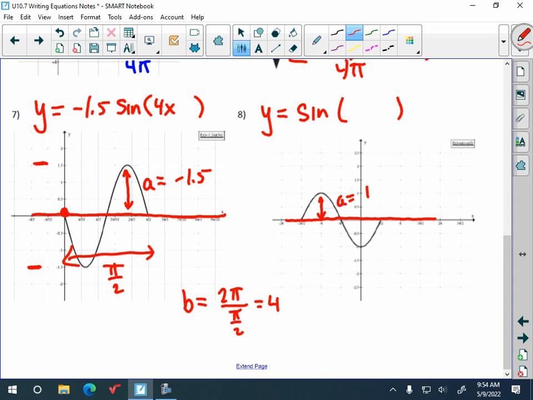So we have to find b, and to find b, you need to know the length of one period. So what's the horizontal length from here to here? What would that one period length be?